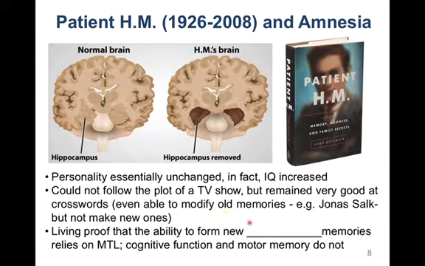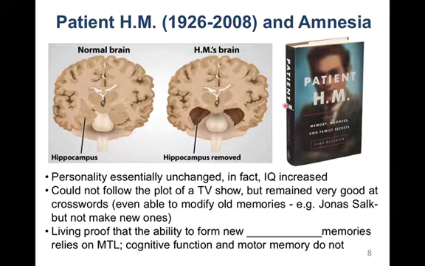And studies showed that he could even modify pre-existing memories. So prior to HM's surgery, when he was growing up, polio would have been rampant, right? Polio would have been a devastating part of HM's childhood, and vaccinations had not yet been put into place.